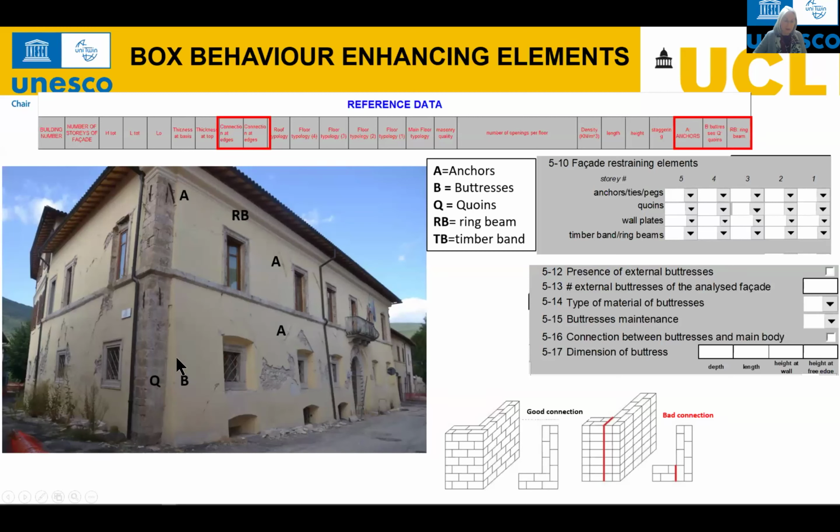And then we can also see here that we have buttresses. So FaMIVE is able to account for all of this, and you can define what is the presence of these elements at each of the stories, 1 to 5, and for each type of these elements, including timber bands, ring beams that we can see here at the top.